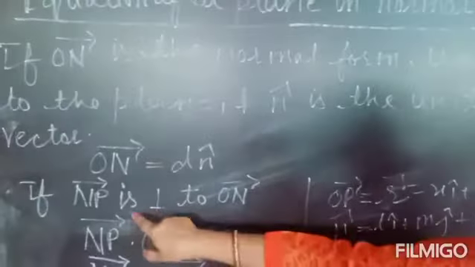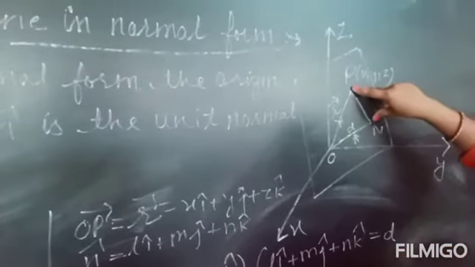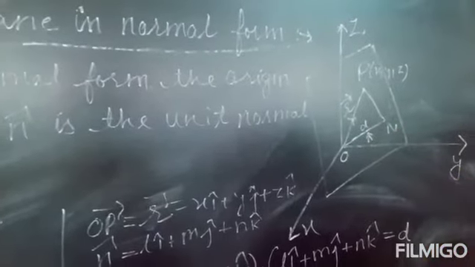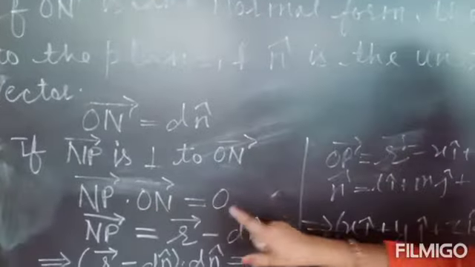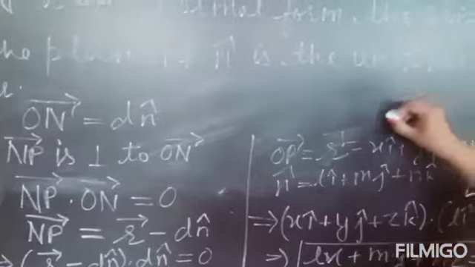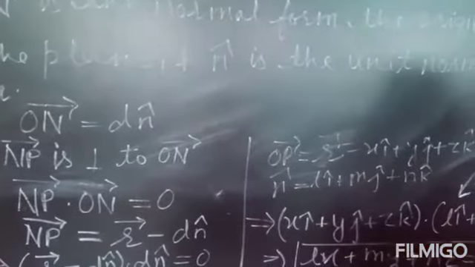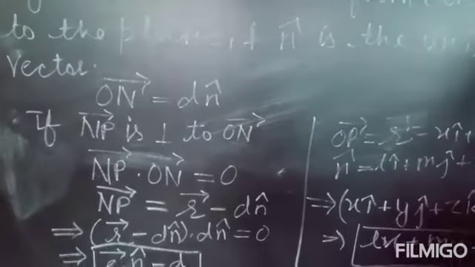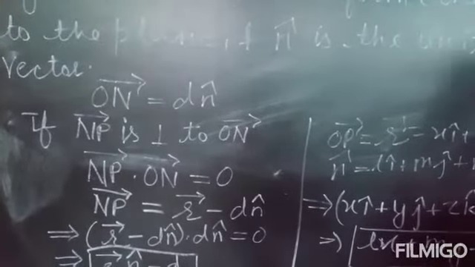If NP is perpendicular to ON, then we have NP dot ON is equal to 0, because in the case of a dot product, if there is an angle of 90 degrees, the product of the two vectors is equal to 0.